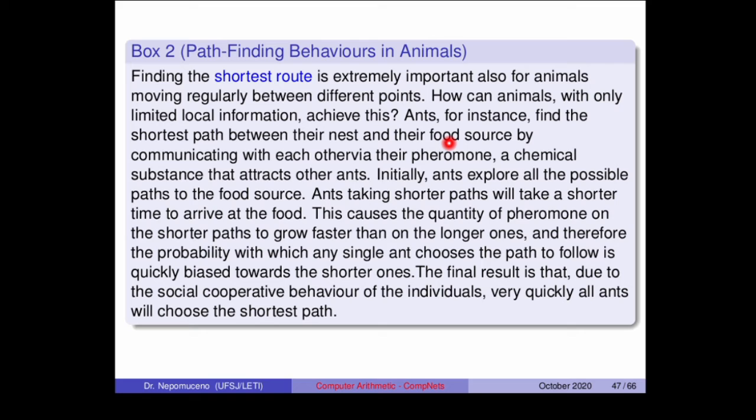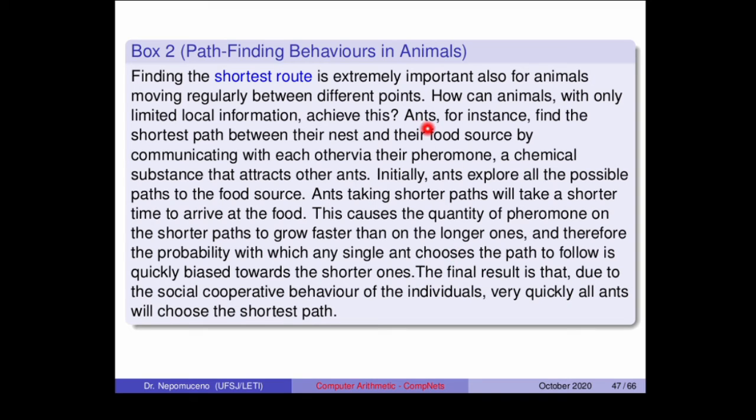Finding shortest paths in animal behaviors. This is an example, and it's quite interesting. Finding the shortest route is extremely important also for animals moving regularly between different points. How can animals with only limited local information achieve this?